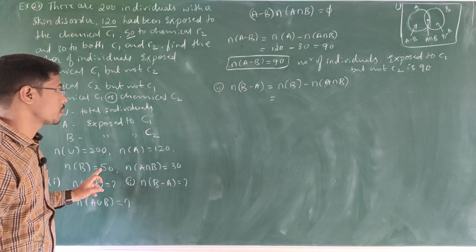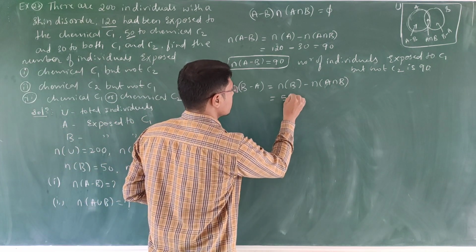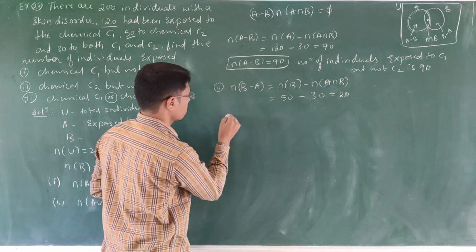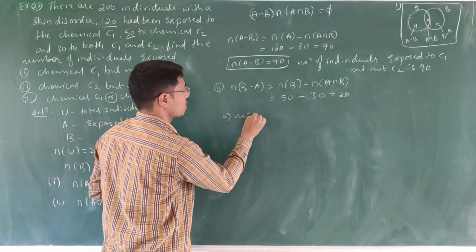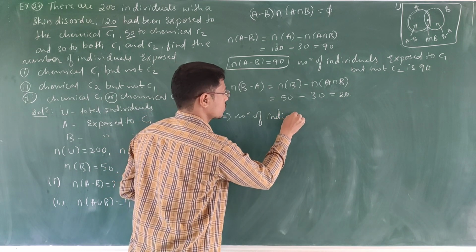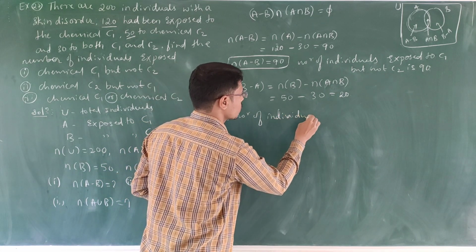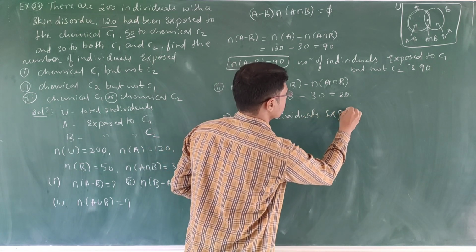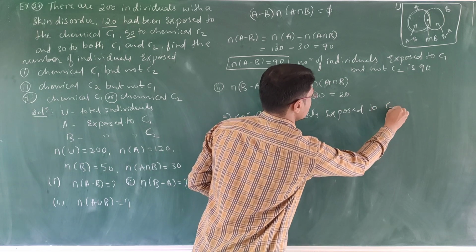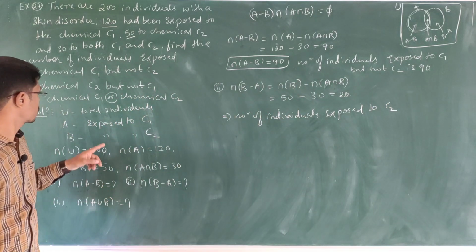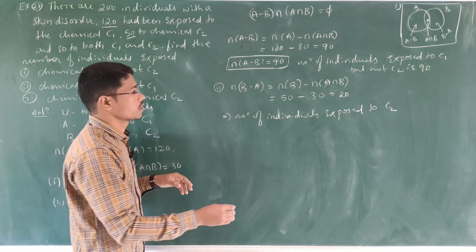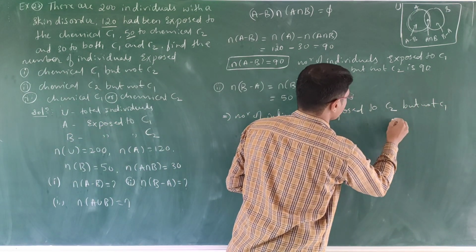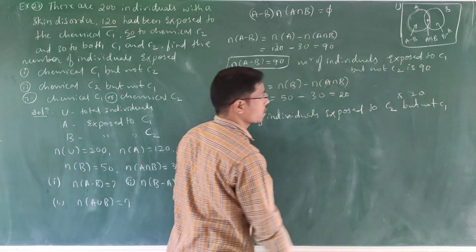Given is 50 and intersected is 30. This is equal to 20. So the conclusion is, the number of individuals exposed to C2 but not C1 is 20.